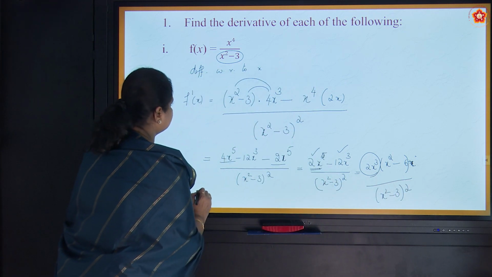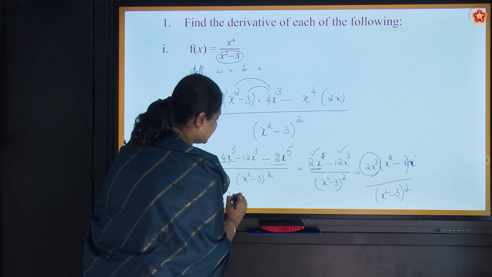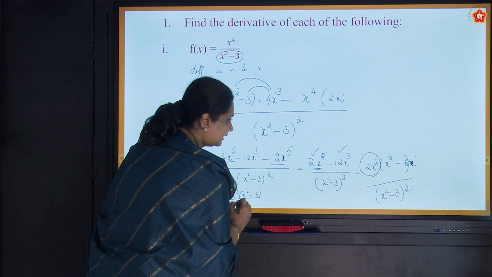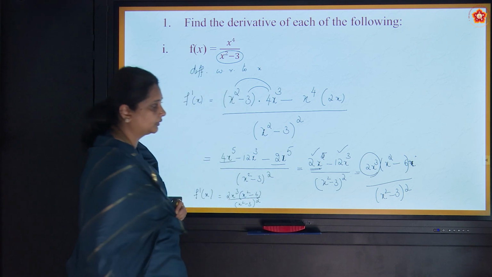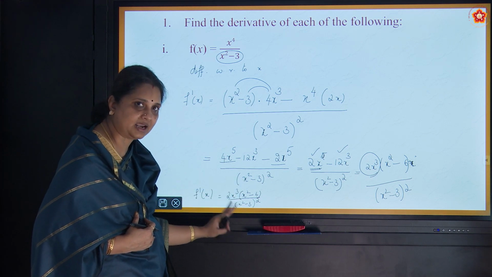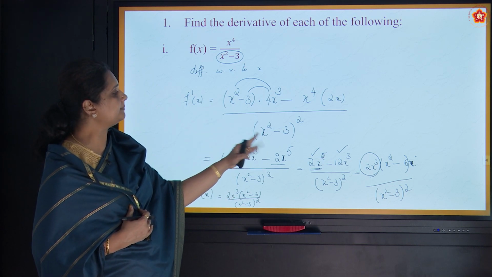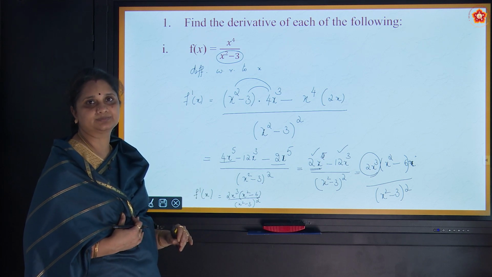So my derivative, f dash of x, is going to be equal to 2x cube into x square minus 6, divided by x square minus 3 the whole square. So simplify, factorize and express it in the right way. Differentiation takes one step. Beyond that, it is your way you express the solution.